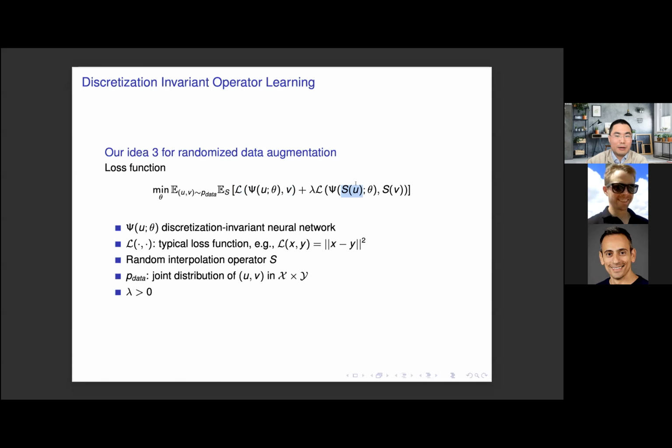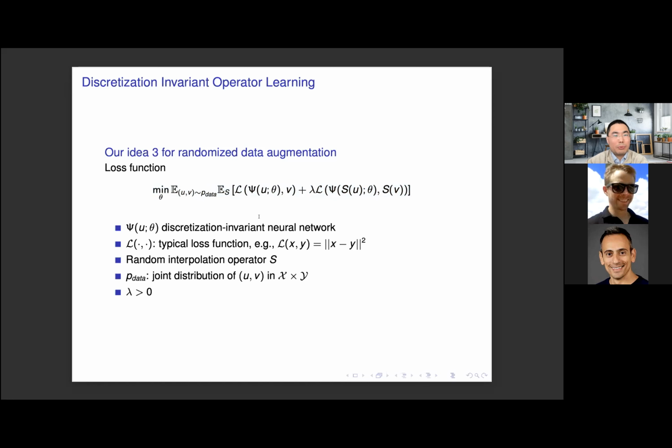For example, suppose all the training data are given with 100 sample grid points in U and 100 sample grid points in V. Then we randomly interpolate these samples to larger or smaller grid sizes to get some other discretization format. And we also put this discretization format into our training procedure through the regularization term here, such that we want to enforce the neural network to see many other discretization formats.